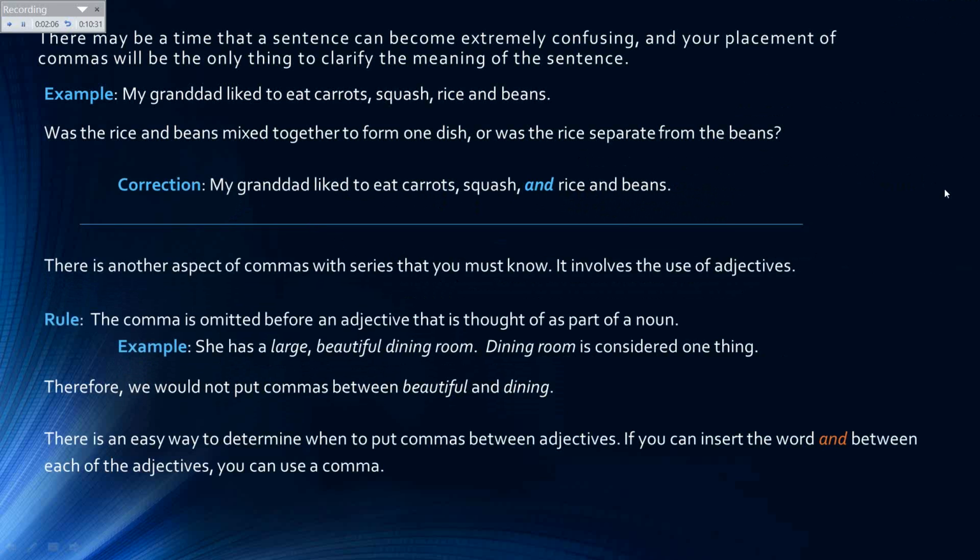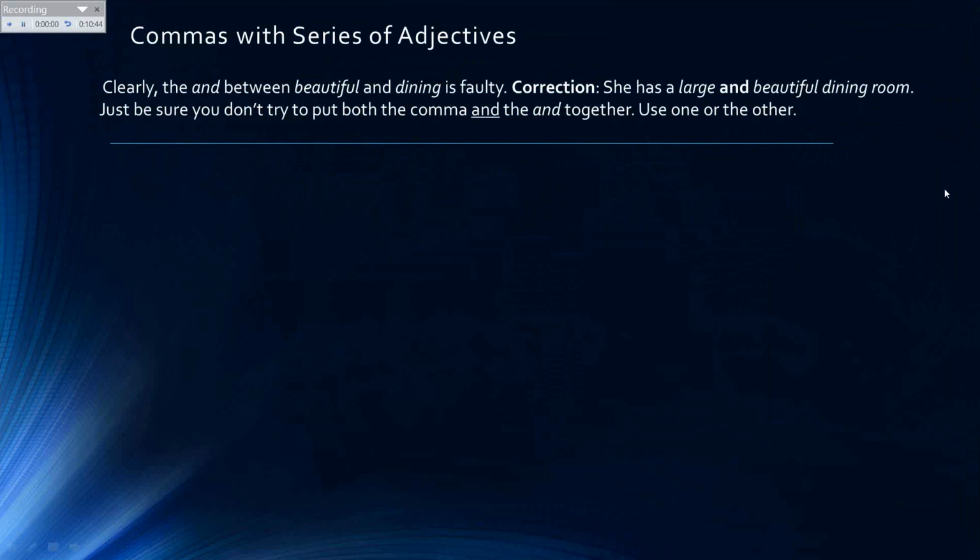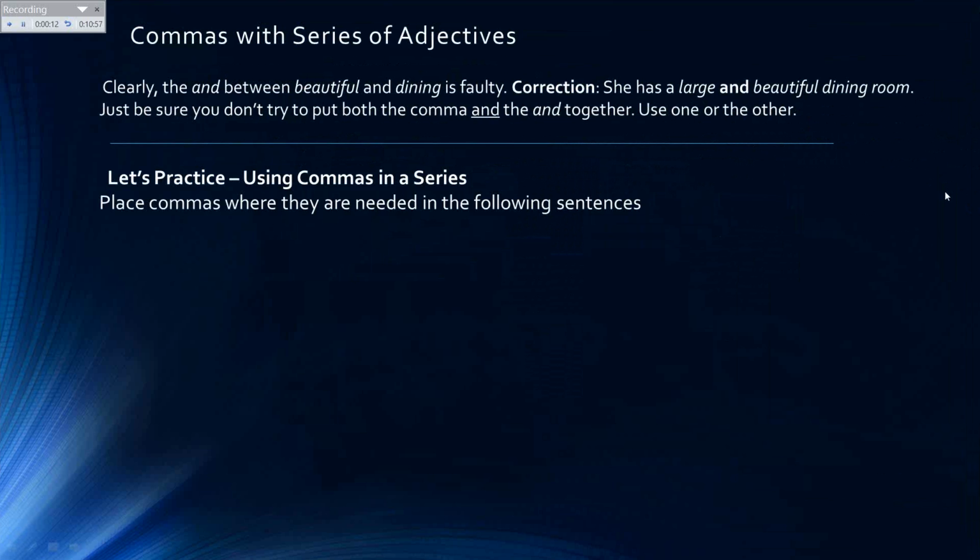So just putting that word and there will help you to figure out where you're really going to put those commas. She has a large and beautiful and dining room just does not sound right. It should be, she has a large and beautiful dining room. Just be sure that you don't try to put both the comma and the and together. Use one or the other.